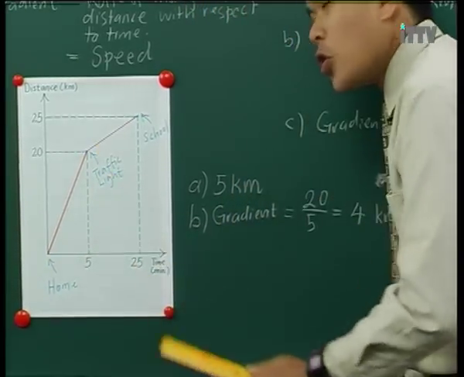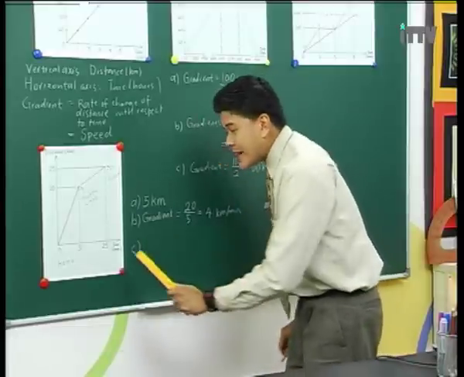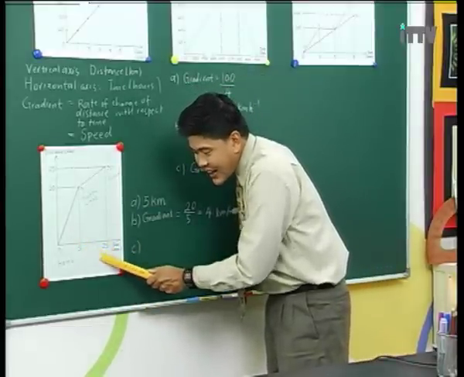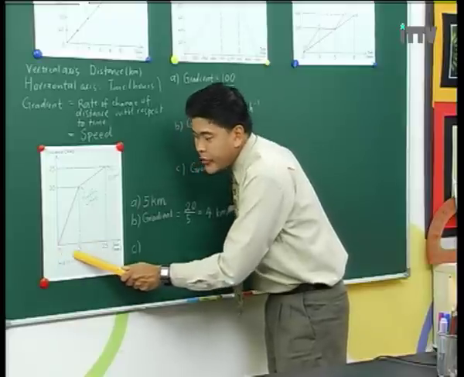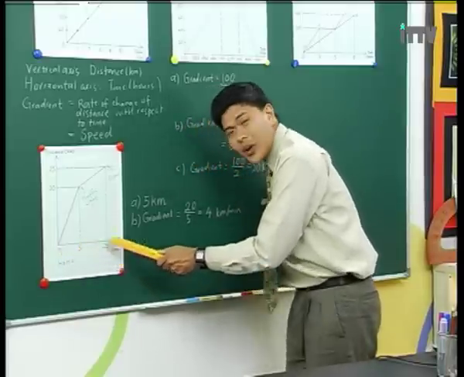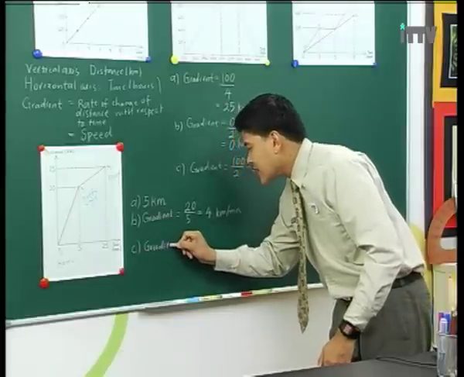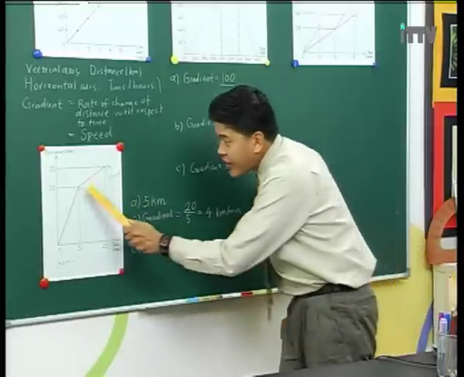Now let's go on to the next part, which is the speed in the last 20 minutes. It is from 5 to 25. So this is the last 20 minutes, and this is the first 5 minutes. Same thing, we want to find out the speed, so calculate the gradient. What is the vertical distance? Check carefully. This is the one.